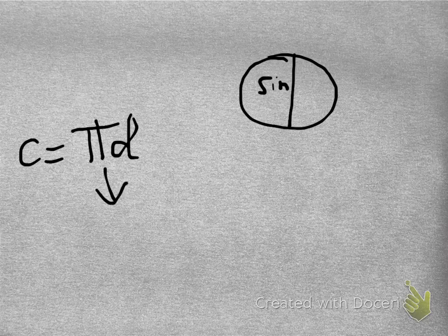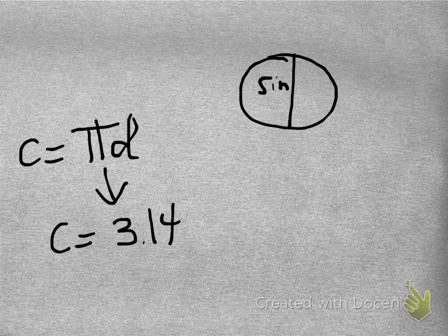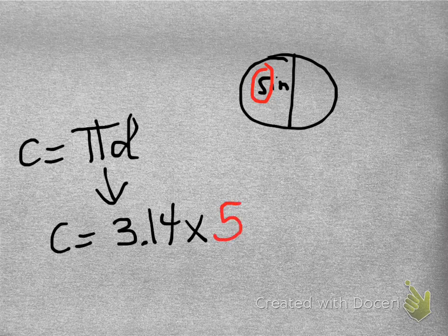In other words, pi equals 3.14 times the diameter, and the diameter in this case is the measurement of 5 here, so we say times 5, and then that would give us the measurement of the circumference.